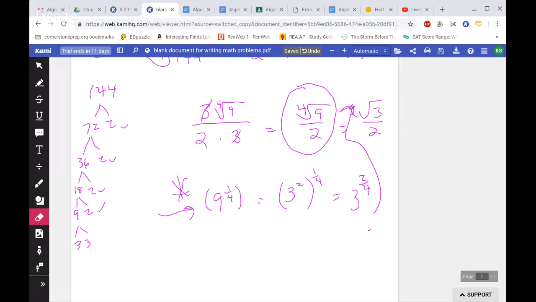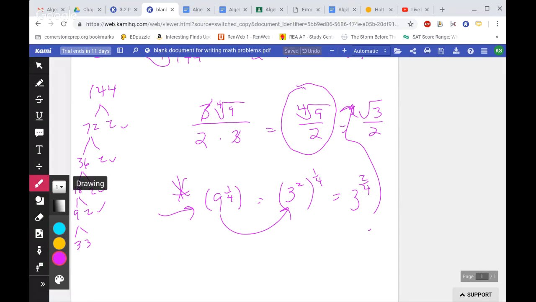You take it from this step to here, and then you multiply the 2 times the 1/4, which gives me 2/4, which is the same as 3 to the 1/2, which is root 3. And that's how you know it's in simplest form.